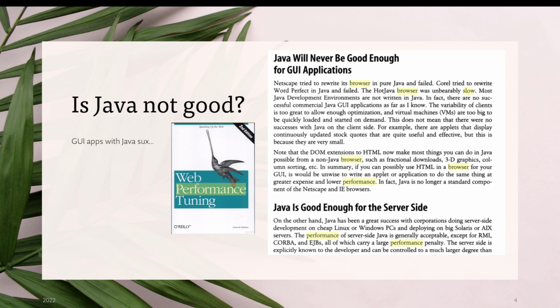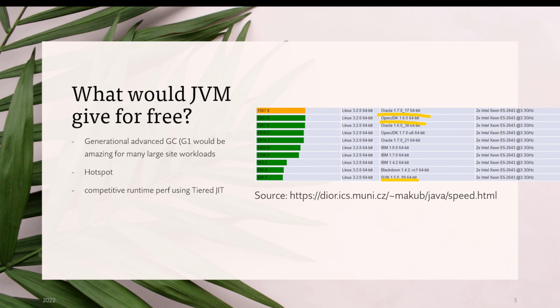The person likes to do web tuning on Java, but says basically if you do a desktop GUI, you can't make it fast enough. Obviously, I will say this person is wrong, but wrong today. When the book was written, around 2 years after this HotJava was killed, it would not have been true.